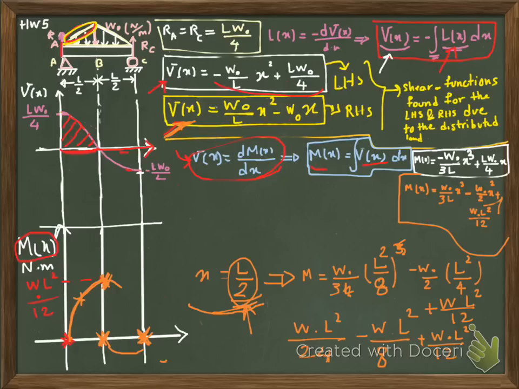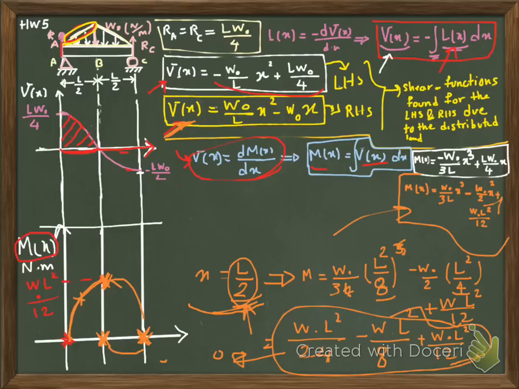So I use L over 2 here, put it in this function, and it turns out it has to come up 0, right? If you calculate this one term, you will find that actually this is 0, and then your plot has to go that way. So see, now what is the maximum of your moment?